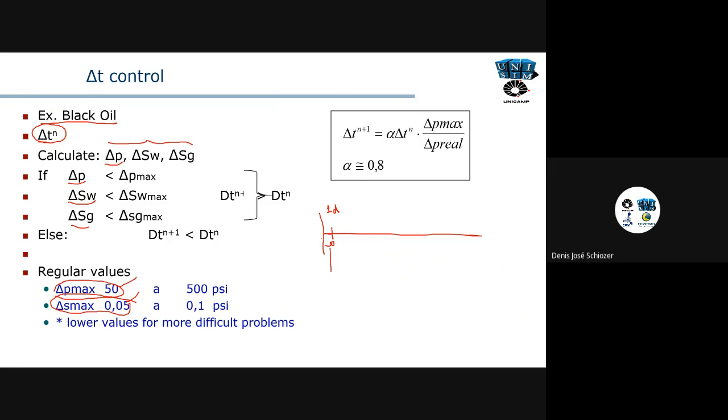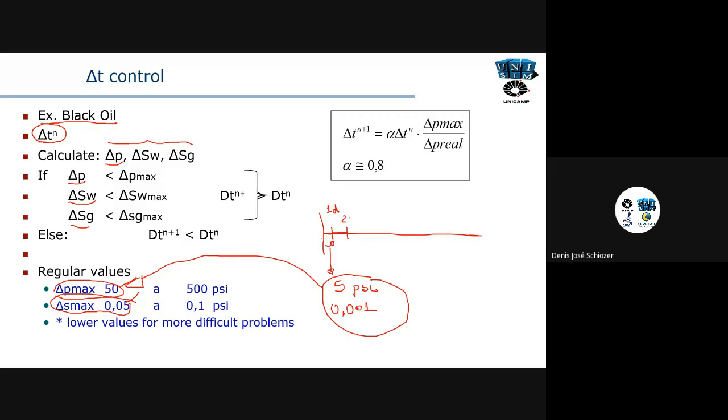And let's assume that in the first step, I changed 5 psi in 1 day, and I changed 0.001 in saturation. So I compare these values with the maximum values the user accepts. As these values are smaller than those, it's going to increase the next time step.